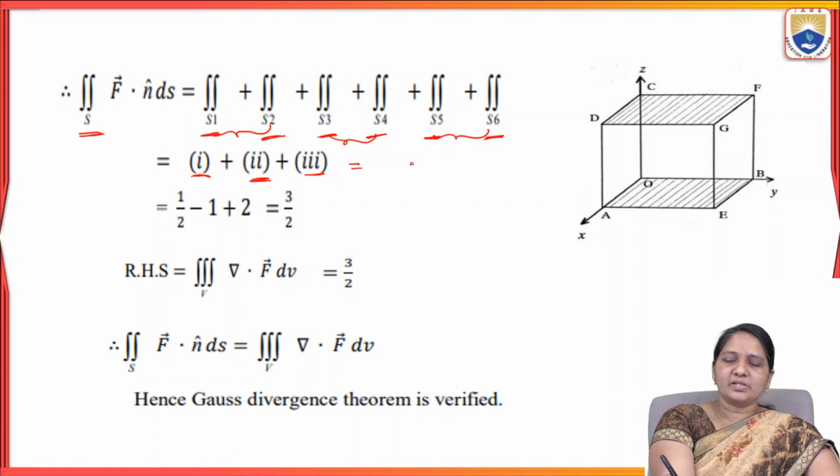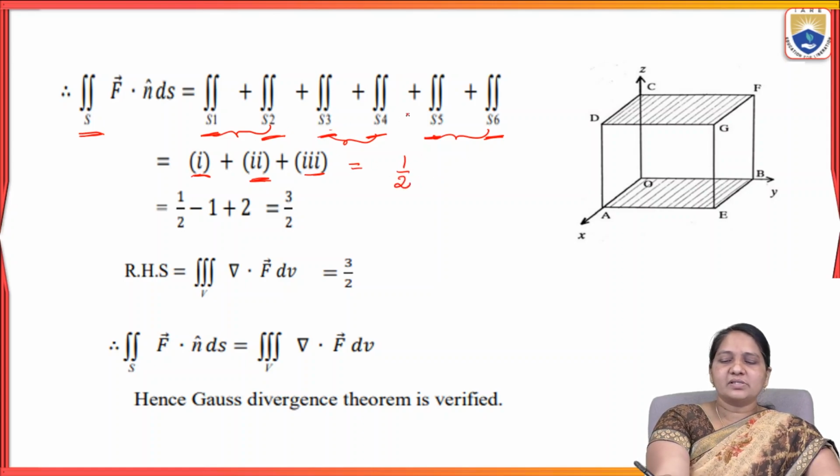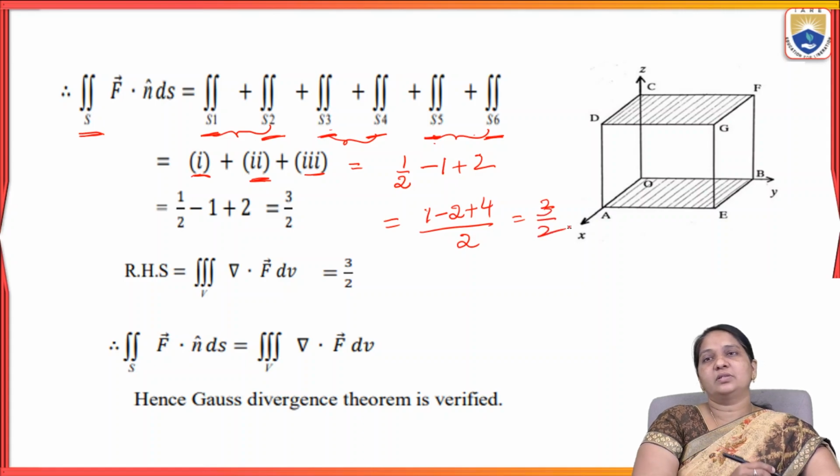So S1 plus S2 value is 1 by 2, S3 plus S4 value is minus 1, and S5 plus S6 value is 2. When simplifying this, I got 1 minus 2 plus 4 by 2. So this is 5 minus 2, that is 3 by 2.